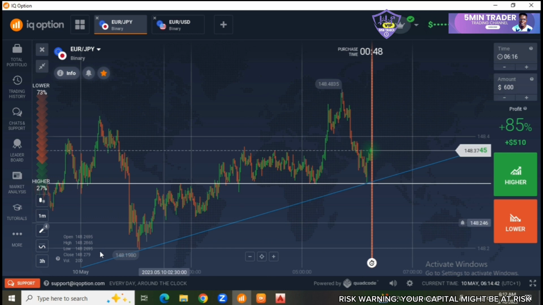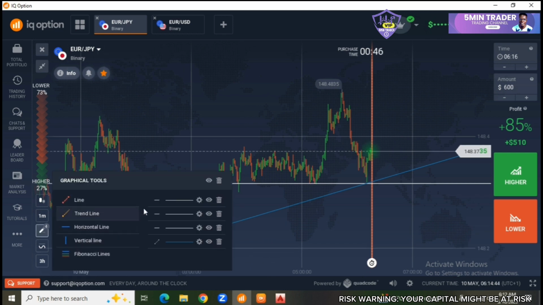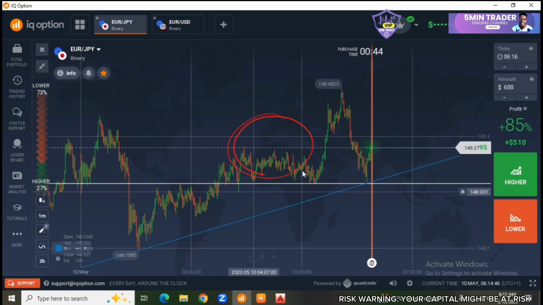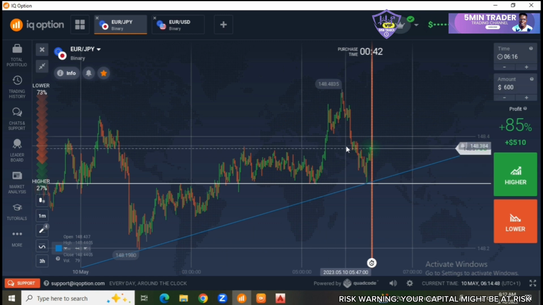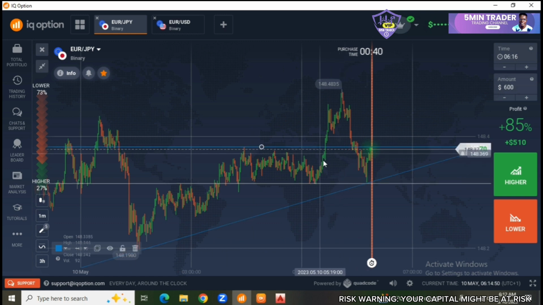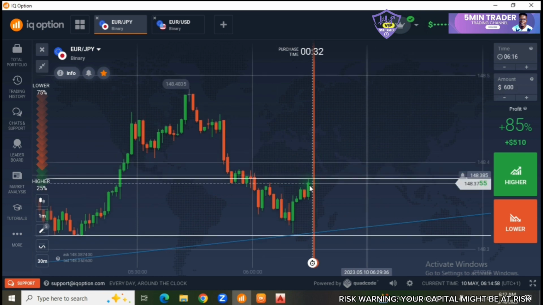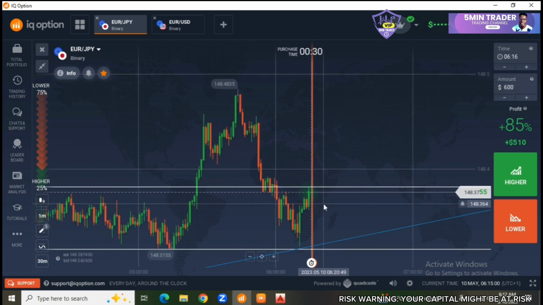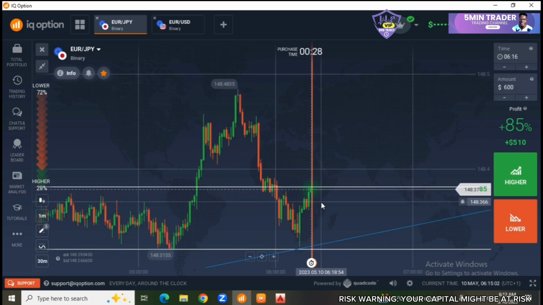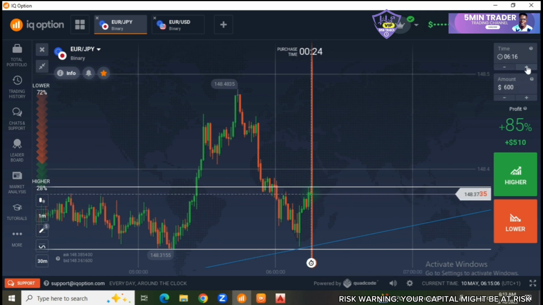I will be looking at this level as well. This is a very strong previous resistance level. I want that level to break. If that level breaks, the market is probably going to bounce around for some time, and if I have the weaknesses that I'm looking for, I'm going to place a 5-minute trade.